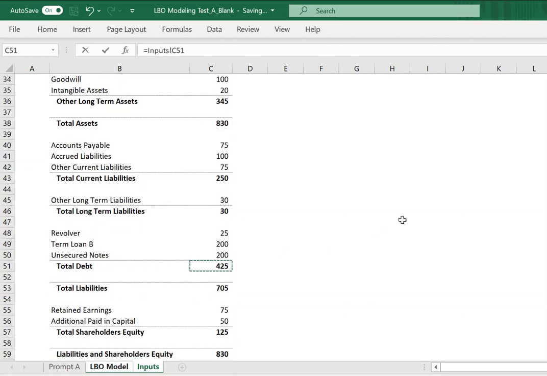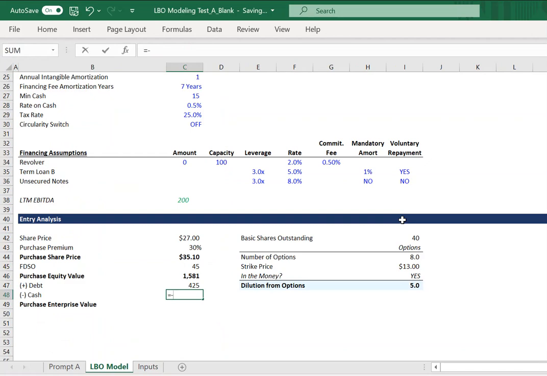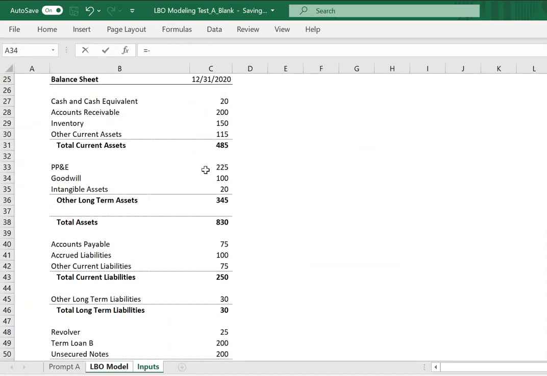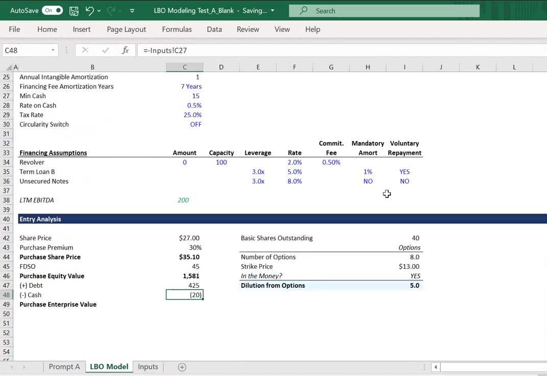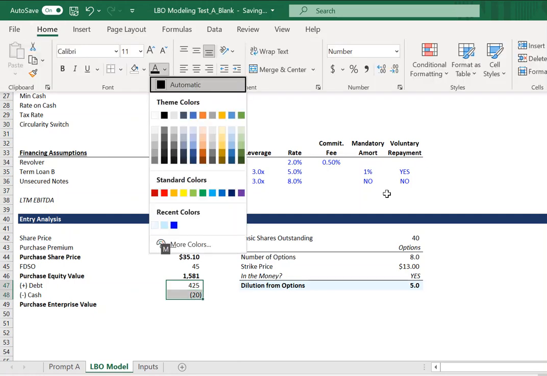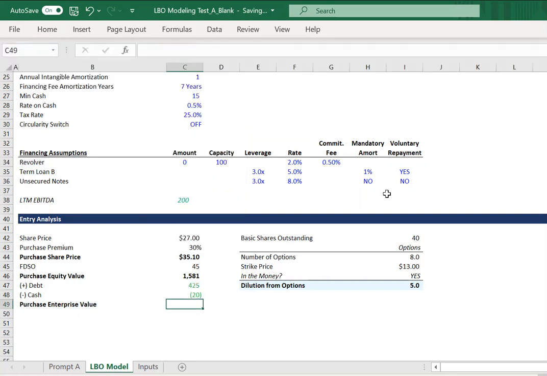Right, so there is 425 of debt that we're going to add, and then we're going to want to subtract our cash of 20. And let's make these green, linking to the other tab. So the sum of these three is our enterprise value.